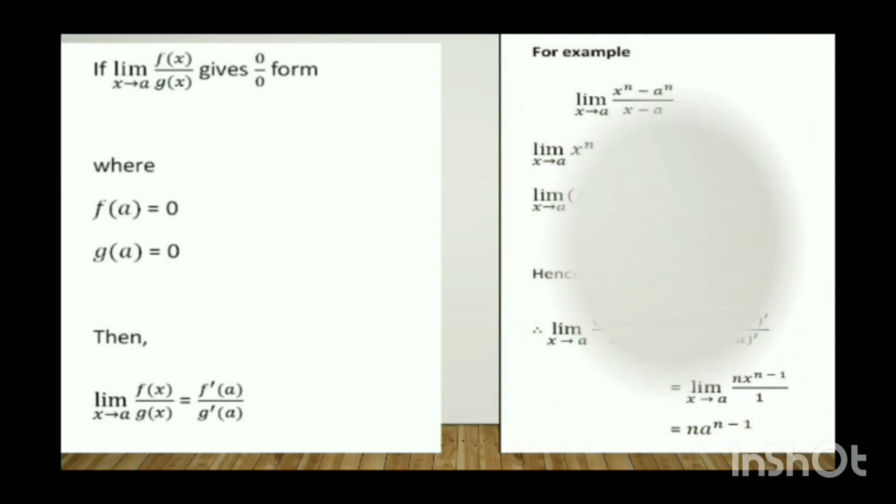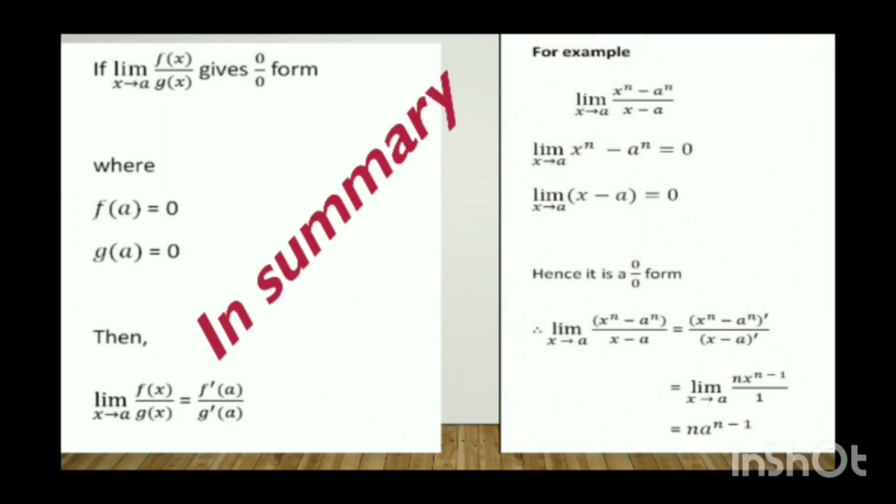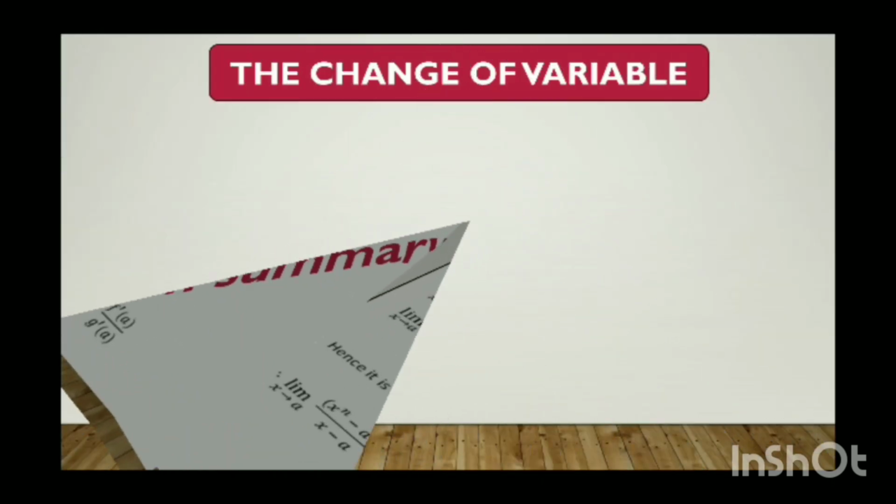In summary, provided f of a is not 0 and g of a is not 0, then the limit as x tends to a of f of x over g of x, if it gives you 0 and 0, then you can resolve the limit by the derivative of the top and the bottom. So this is what we have to say in summary for L'Hopital's rule.